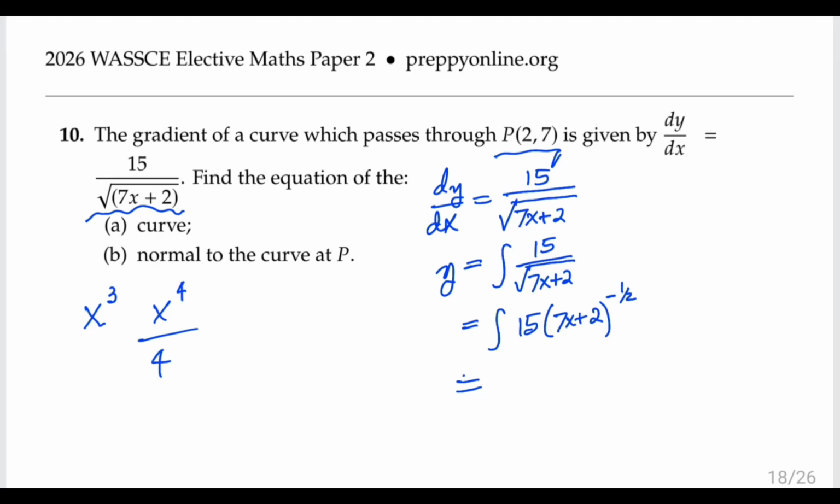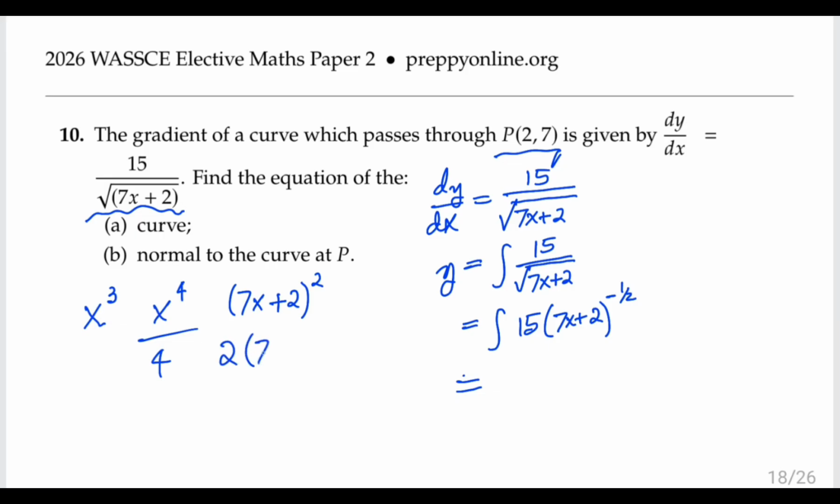But then we also have something like 7x, so we have 7x + 2. If you wanted to differentiate this, what would you do?